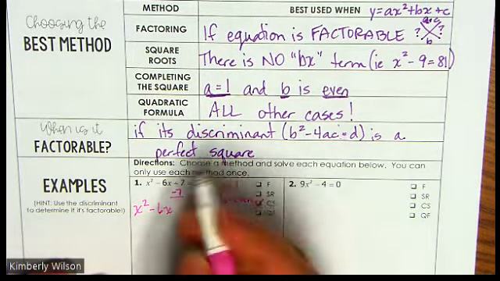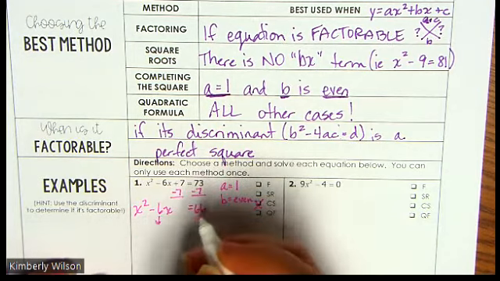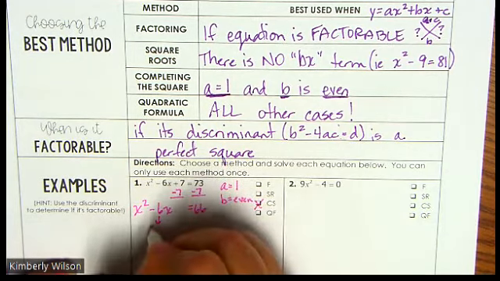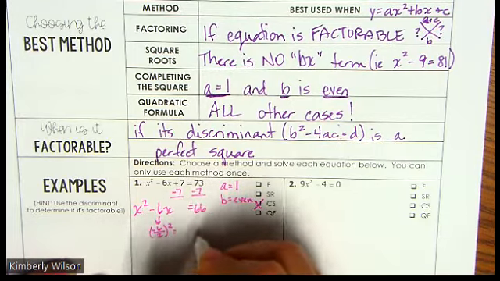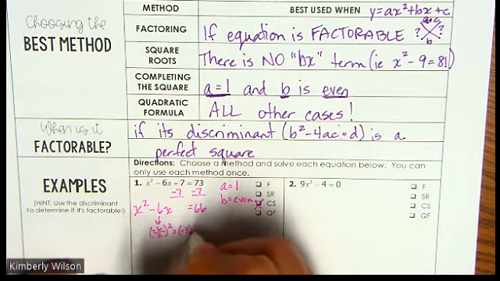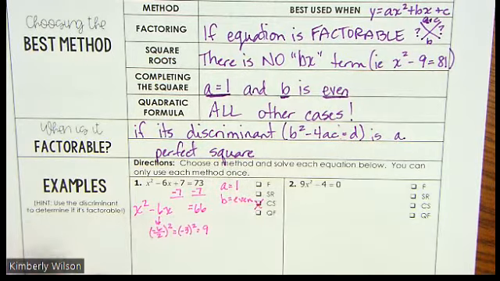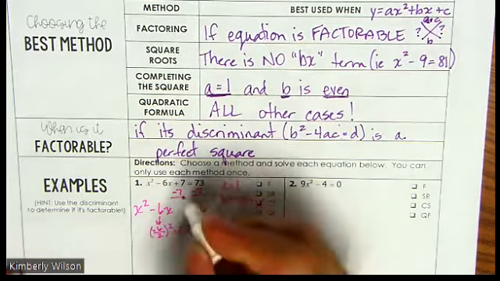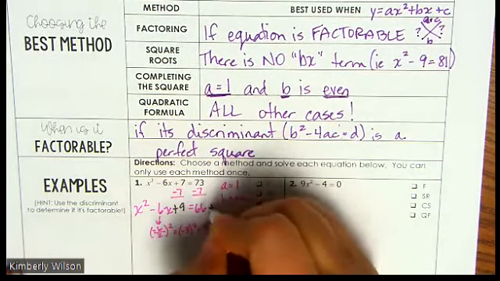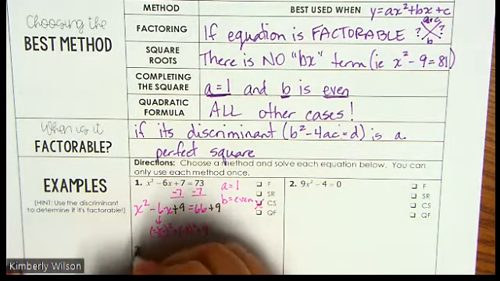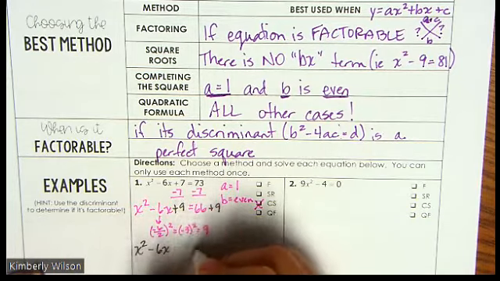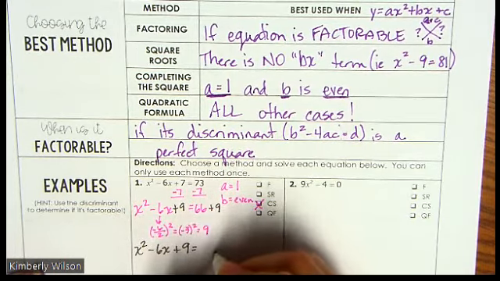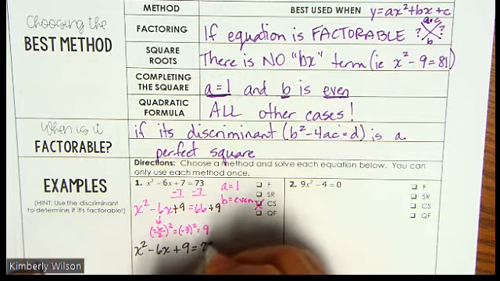Now, to complete the square, we have to do -6 divided by 2 squared, which is going to give me -3 squared, which is 9. So remember, I add 9 to both sides, which gives me x squared minus 6x plus 9 equals 75.